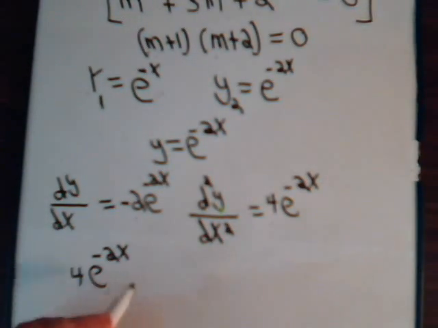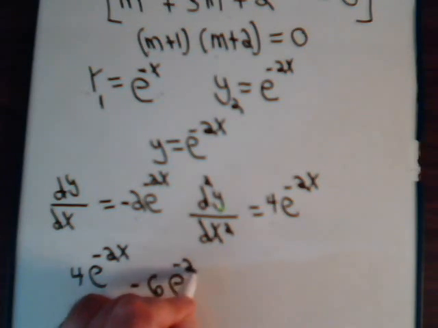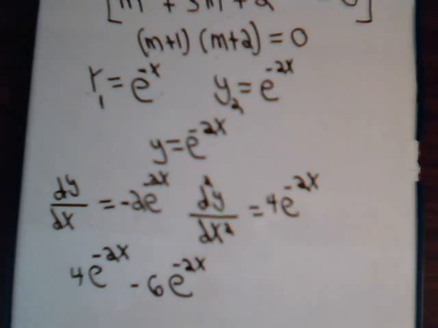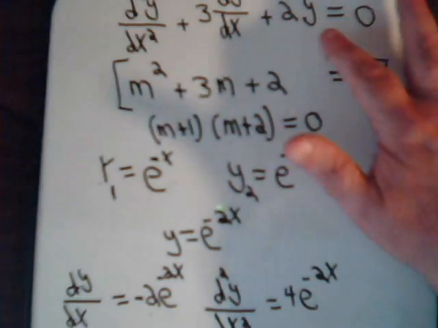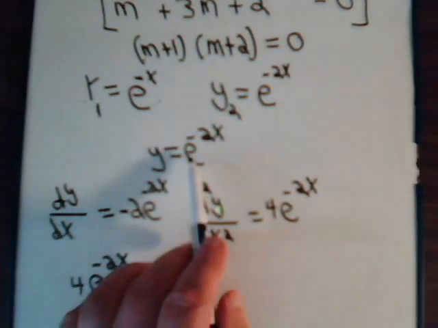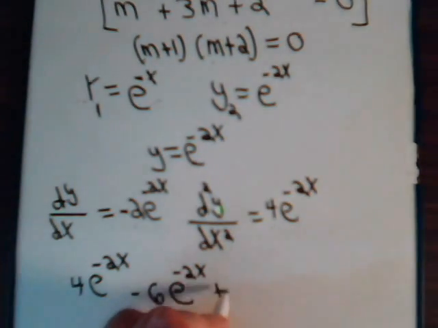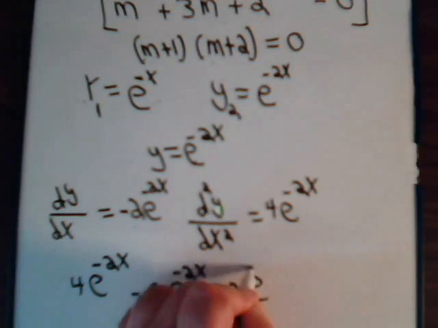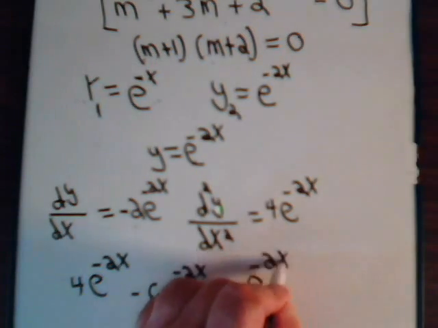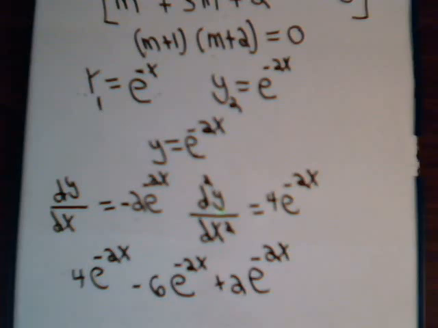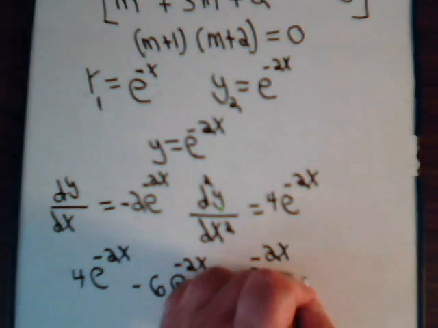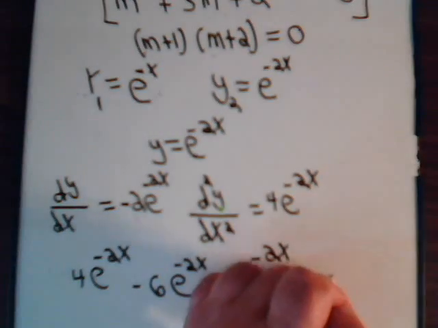That's this, so that will be minus 6 e to the minus 2x. And we have plus 2 times y, so plus 2 e to the minus 2x. And 2 plus 4, 6 e to the minus 2x minus 6 e to the minus 2x.